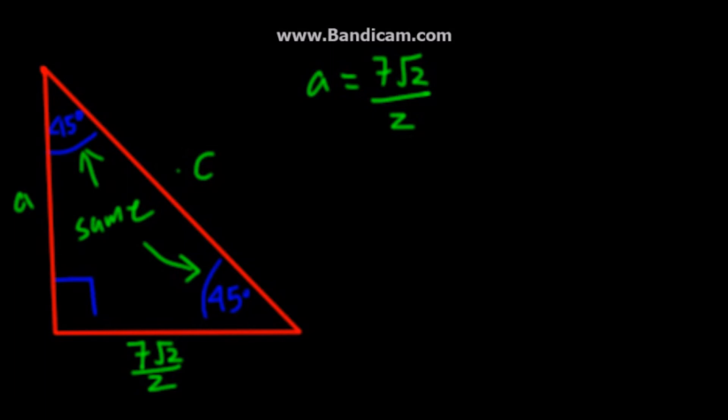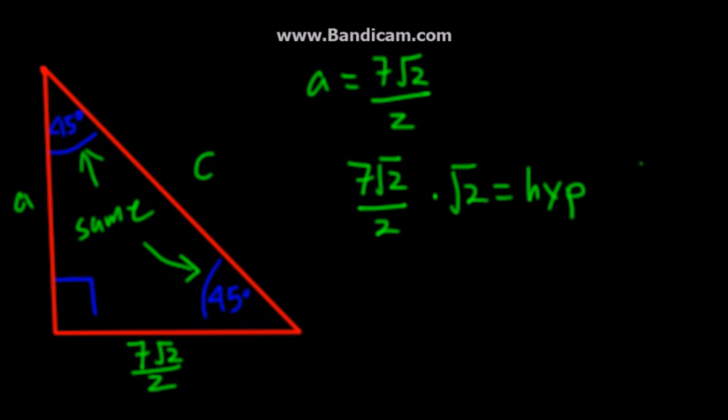And then in order to solve for the hypotenuse, we take one of the legs. So that's 7 root 2 over 2. And we multiply it by root 2 to give us the hypotenuse. And I'll write down the formula. Alrighty, and then we solve for that.